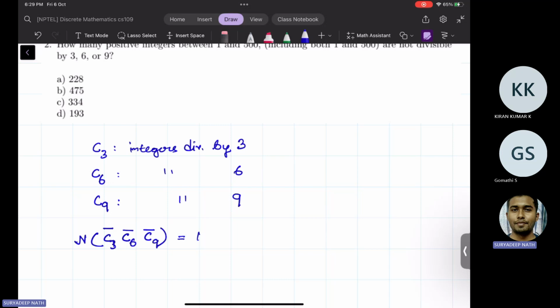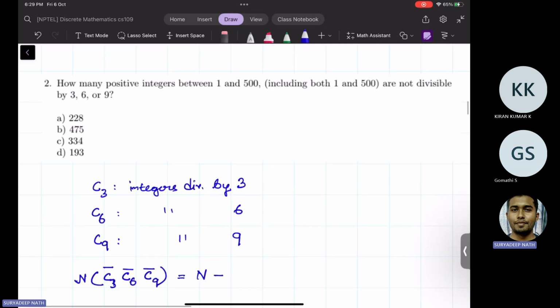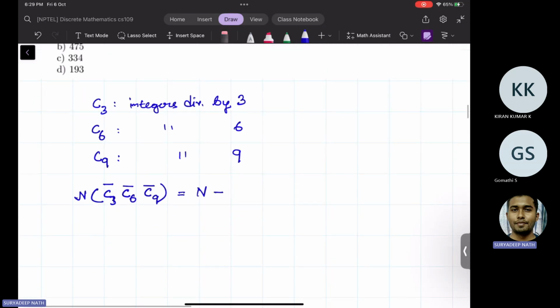So n is 500, the pool of numbers is 500.